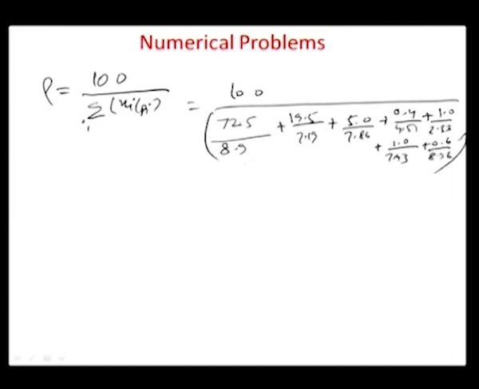Okay. And so, the average density in this case can be calculated as 8.18 gram per centimeter cube.